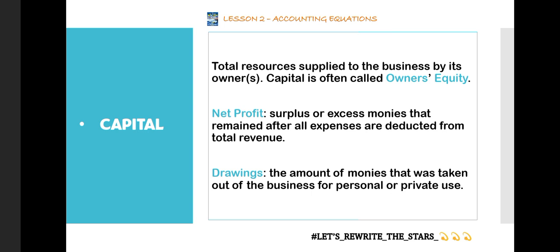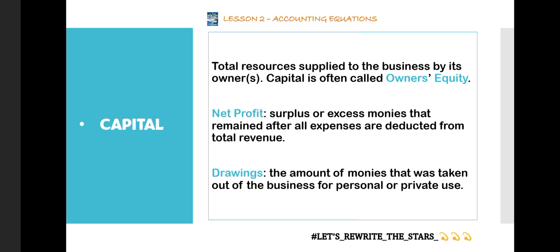Because the owner introduced money into the business and it became a property of the business and no longer in the hands of the owner, when the owner comes to take something out of the business, we record it as drawings. That means the owner has come to reduce the initial money he introduced as capital. So let's say the owner brought 1,000 Ghana cedis as capital for the business. And in the running of the business, the owner came to take 500 cedis out of the business.